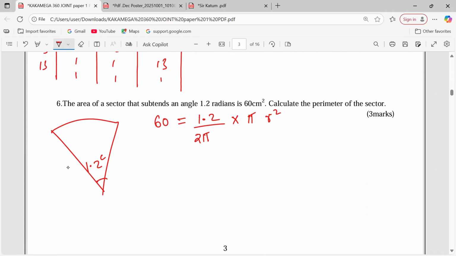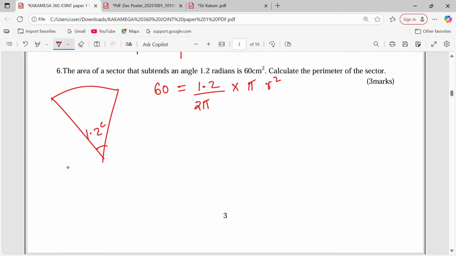So instead of converting the angle to degrees, I'm just using it as radians. Then in the place of 360, we use the equivalence of 360 in radians, which is 2 pi. 2 pi radians equals 360 degrees. So we can just use the angles in radians, in their right proportions.